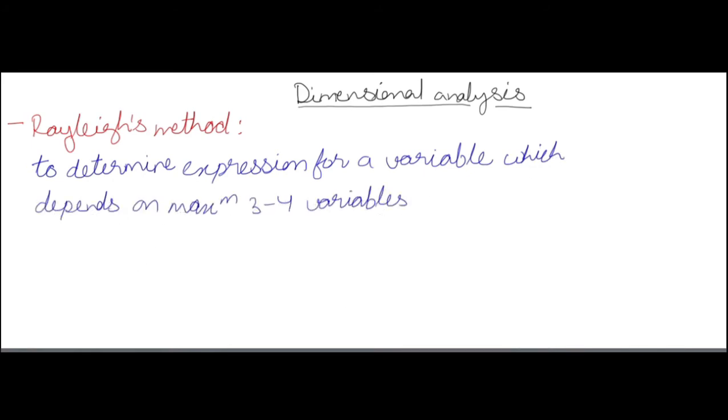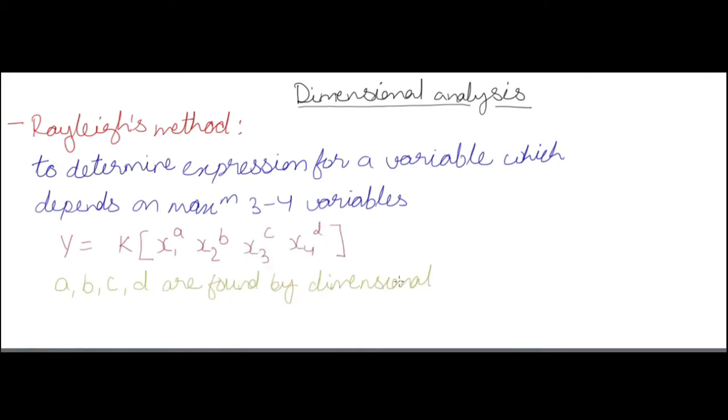You write the equation of that variable in terms of the dependent variables to the power of some numerical indexes, a, b, c, d. When you compare the left hand side and right hand side indexes with the fundamental dimensions, then you can find the expression for the variable.